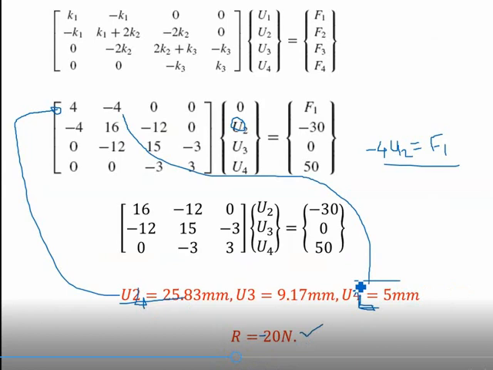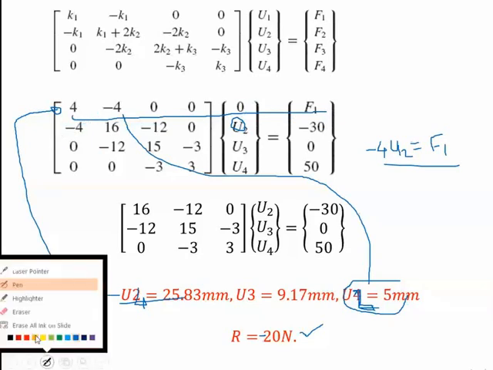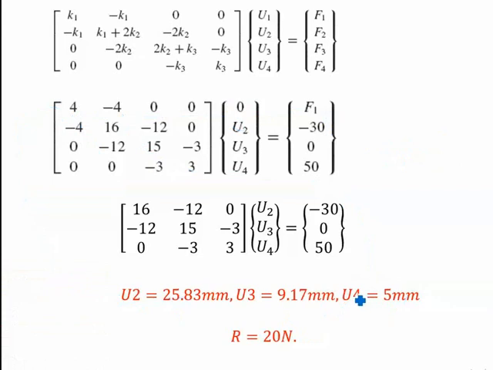Now you have U2 here. You put U2 in this equation. You see here, U2 is equal to 5 millimeter.